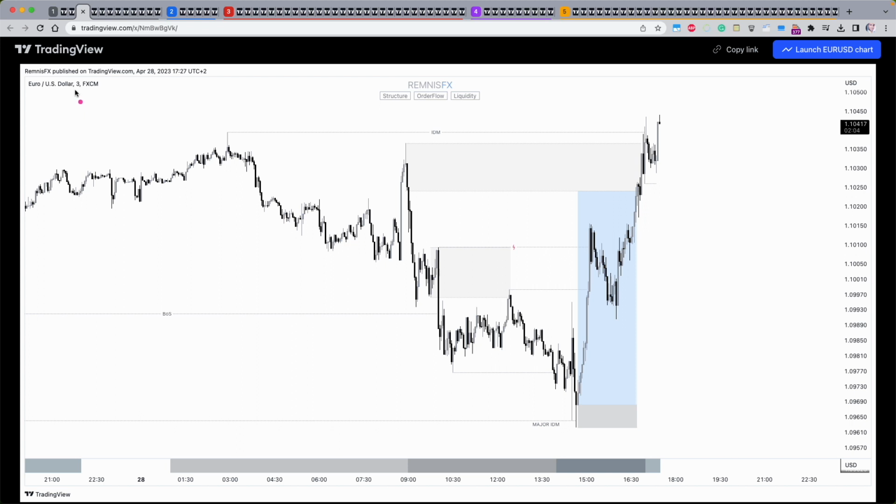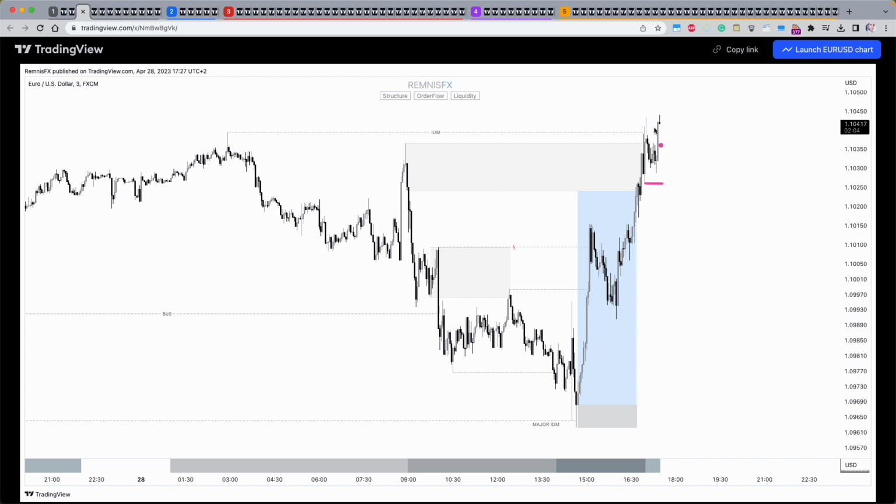Because we are on the lower time frame, 3 minutes, I was waiting for a candle to close below this one. Why this one? Because it was the candle that took out the inducement, basically this gray candle here.